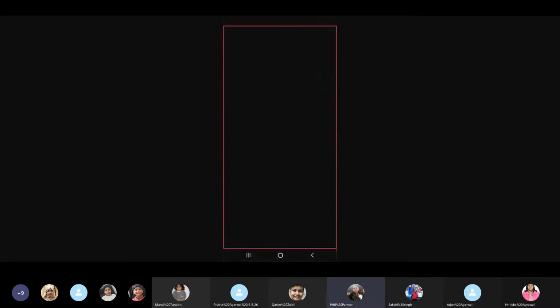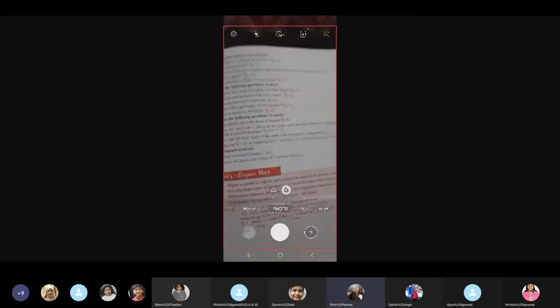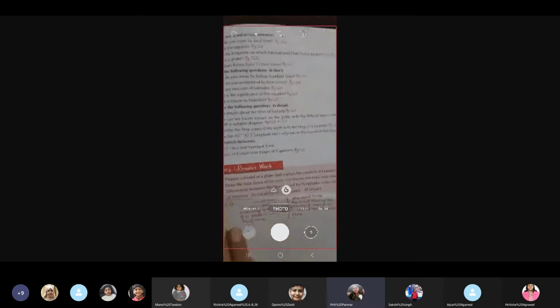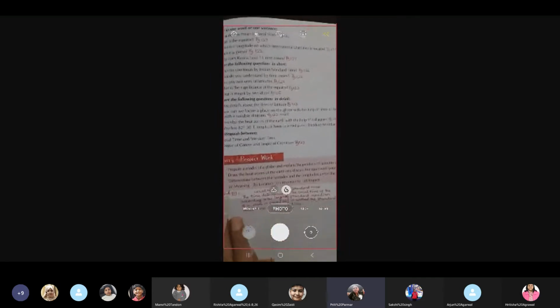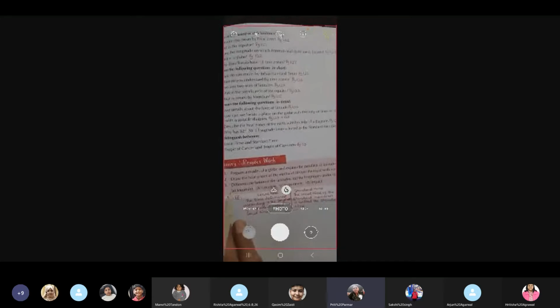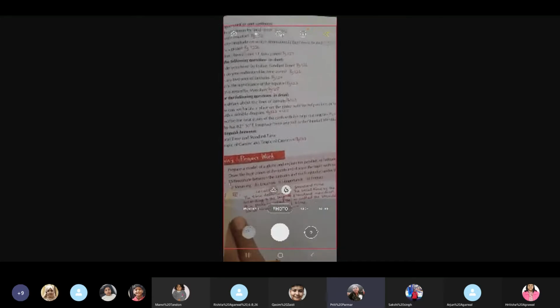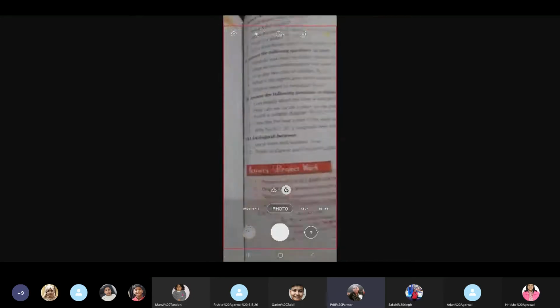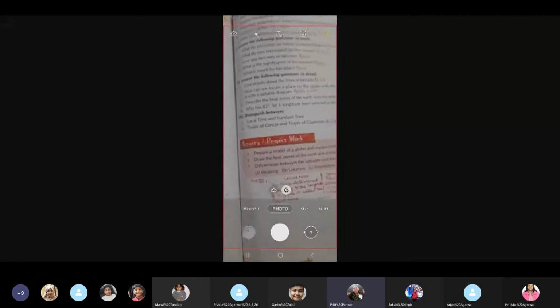How can we locate a place on the globe with the help of lines of latitudes and longitudes? Explain with a suitable diagram. You will write page 123 plus 125. So first we'll go to page 123.